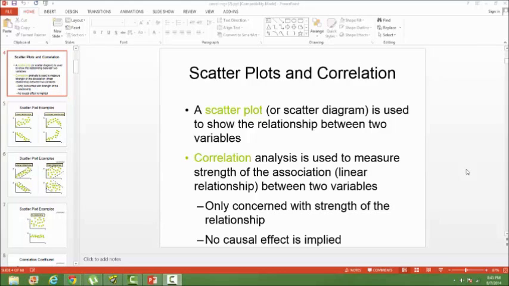So how do we quantify the relationship? Correlation is the statistic used for quantification purposes. So we can measure the strength of the association between two variables by finding out correlation statistics.